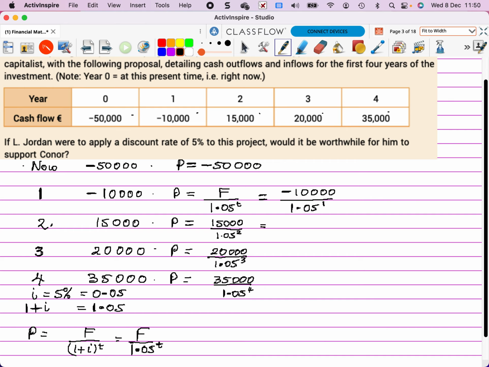So what I'm going to do now is work out each one very carefully. At this point, you can pause the video and start working this out. I'm going to tap it into the calculator as quickly as I possibly can.